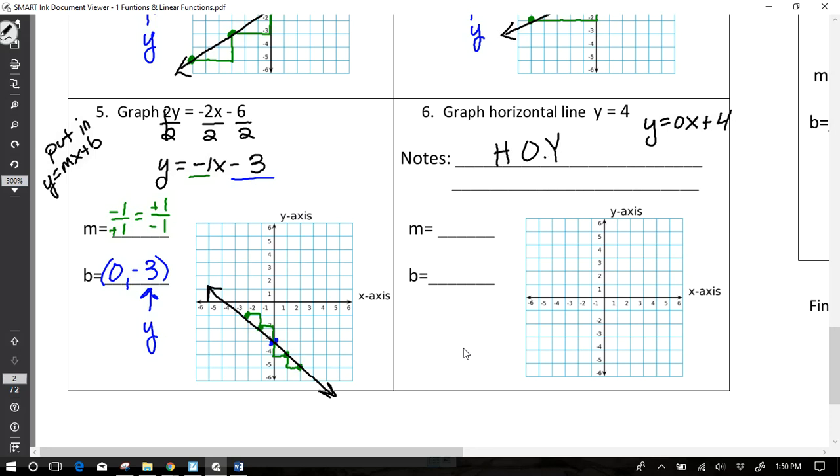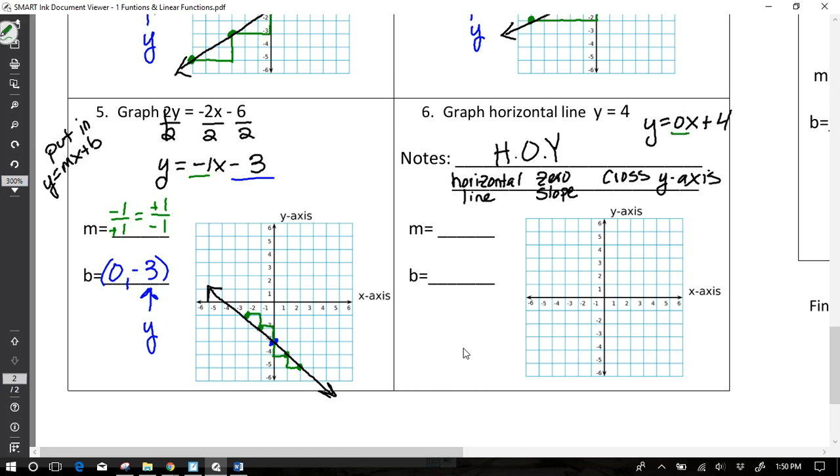And what did that acronym stand for? The H means it's a horizontal line. The 0 or the O means it's a zero slope. And the Y means it will cross the y-axis. So those were our notes, just to refresh us from last semester.